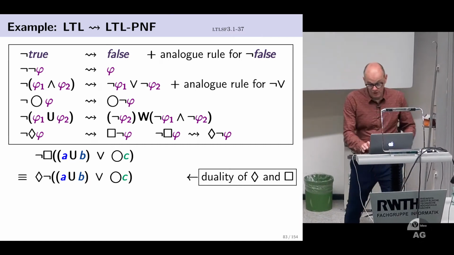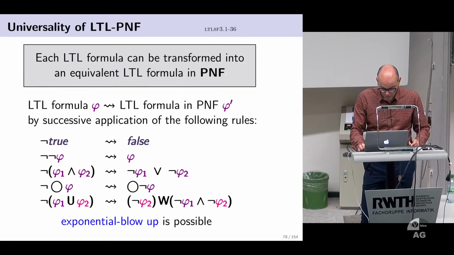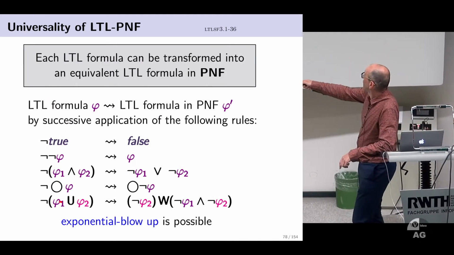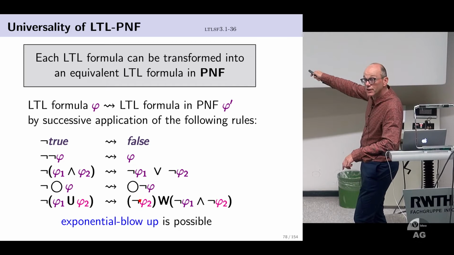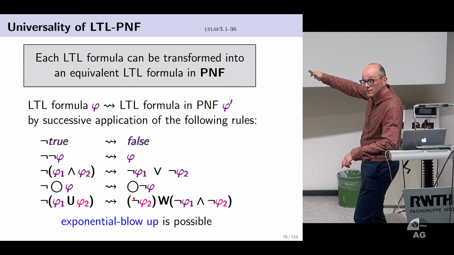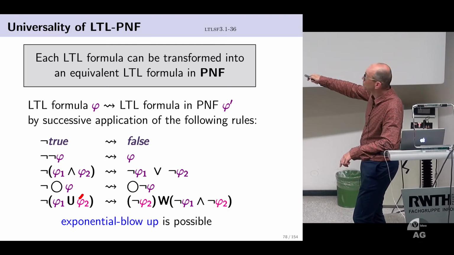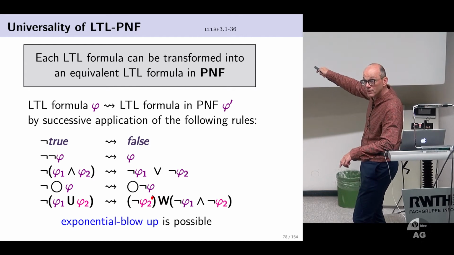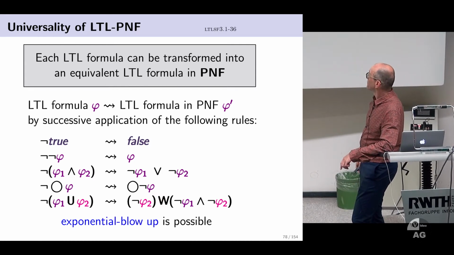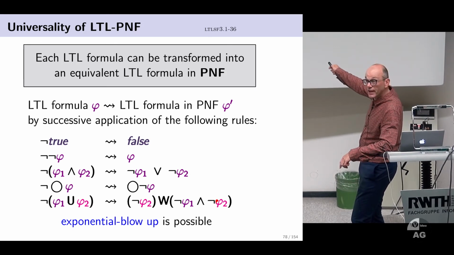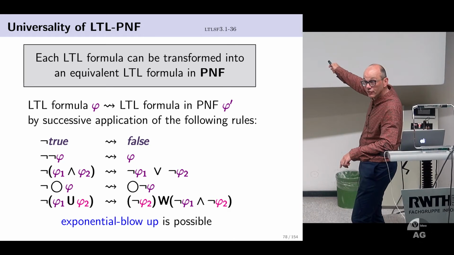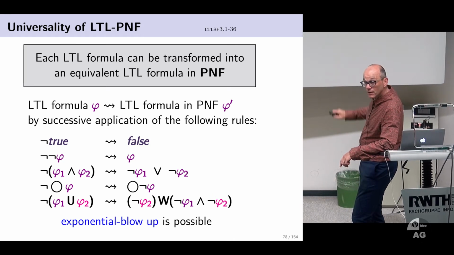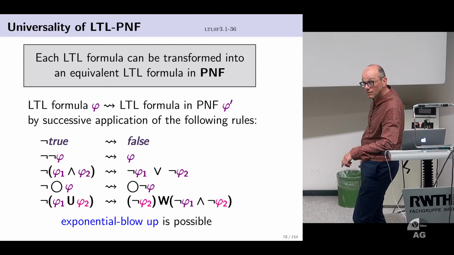The depth, yes, but you need to be careful because these phi 1 and phi 2 themselves are negated here, right? So this can again give rise to a blow-up. I mean, depth, you mean here is one until formula at the top level, and here is a W on the top level. But if these formulas themselves are again until formulas, phi 1 and phi 2, this shouldn't change the depth, right?